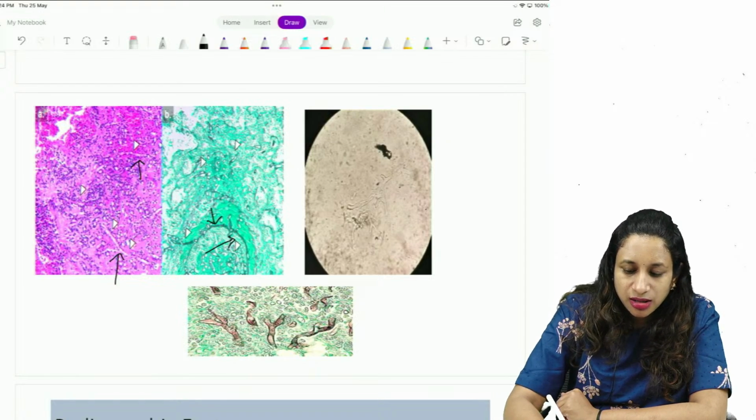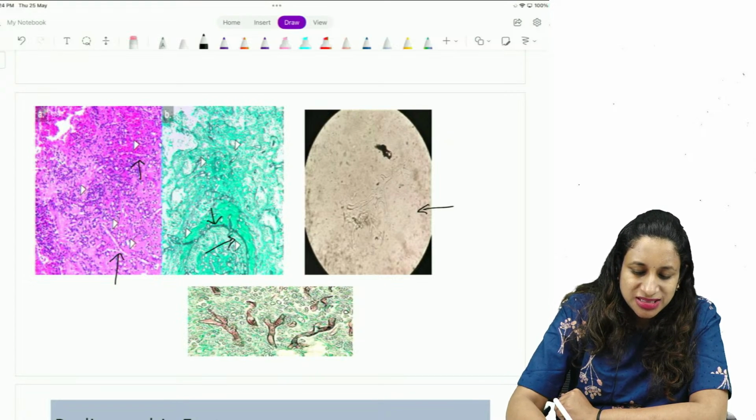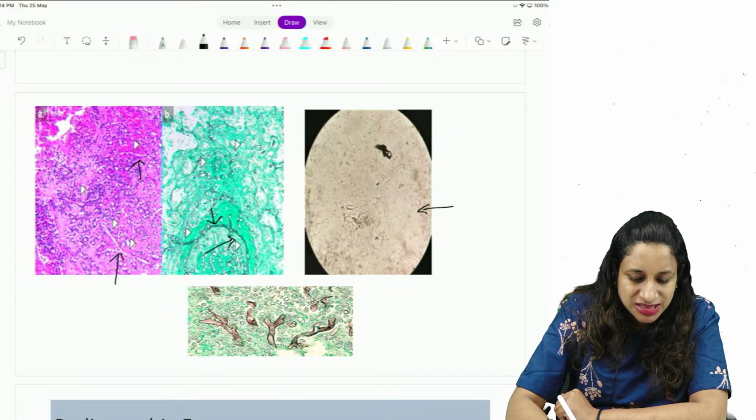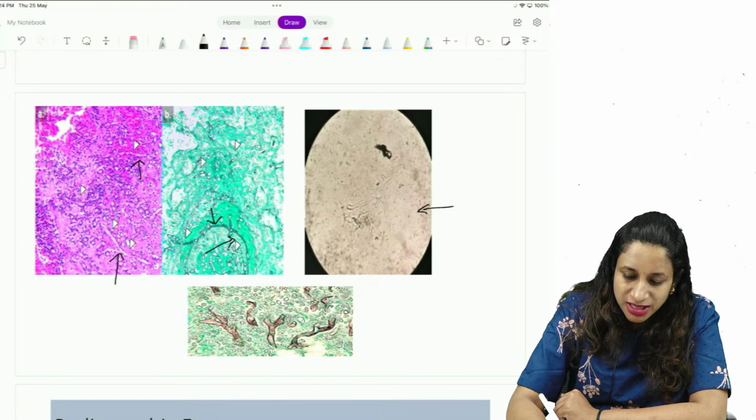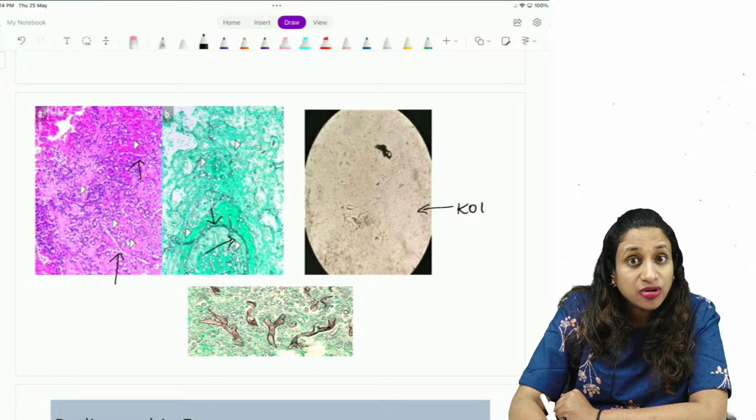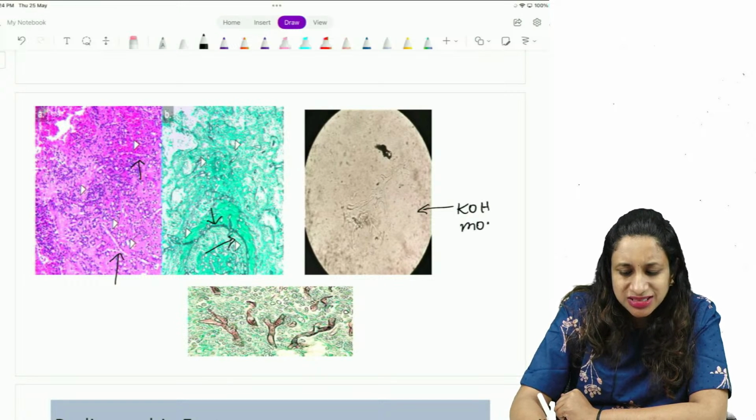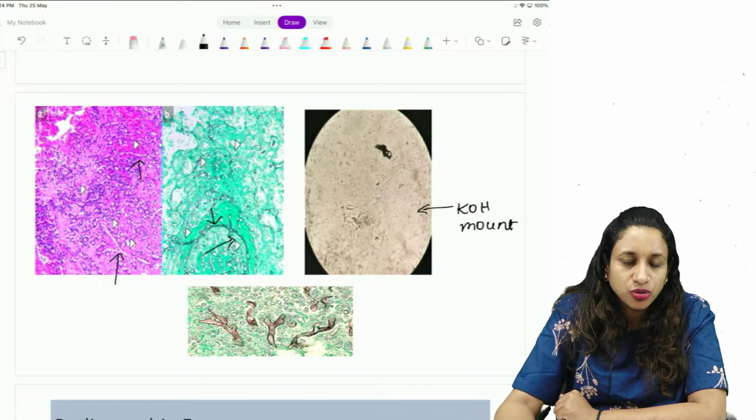Now this is the typical finding that you see. So you can see here there is aseptate hyphae that you can see, and here you tend to see that there is acute branching. So this is what is known as your KOH mount. So just a simple KOH mount can also give you an idea.